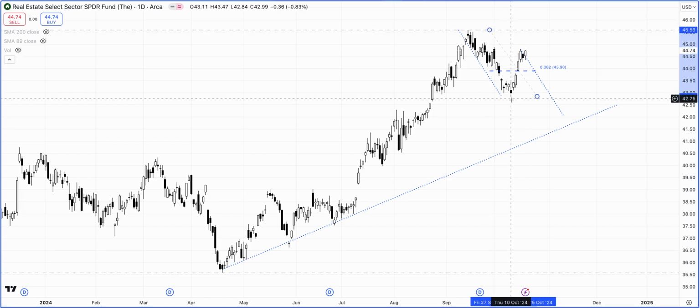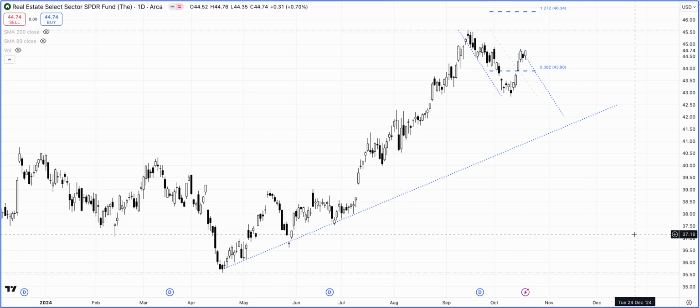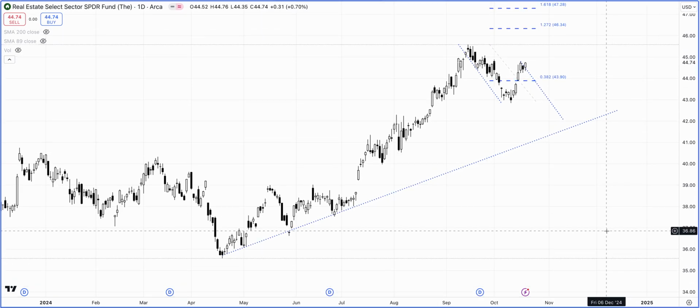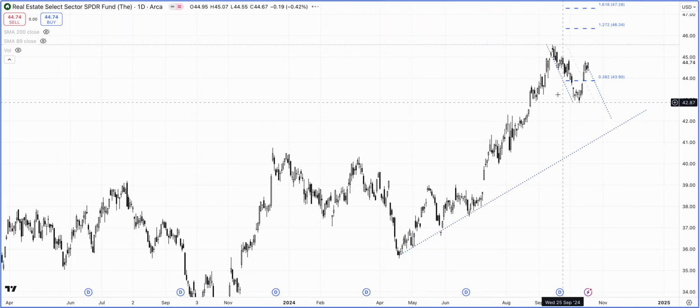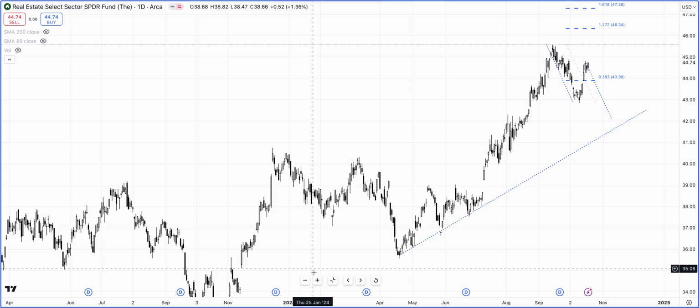This is assuming that this was the end of the correction, and we are not likely to get another leg lower. Assuming that, then we can actually expect this to move to 46.34 followed by 47.28 as the targets. These are shorter term targets. I've not drawn the bigger ABCD on this.